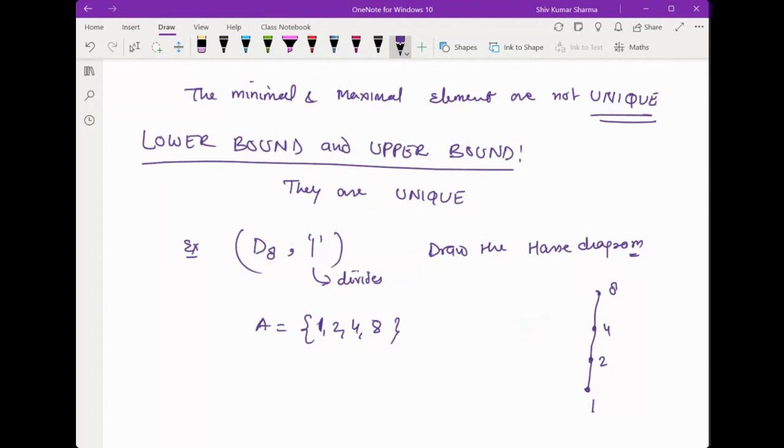This type of Hasse diagram is called a chain. अगर कोई ऐसा straight line बना रहा है Hasse diagram, तो that is called chain.